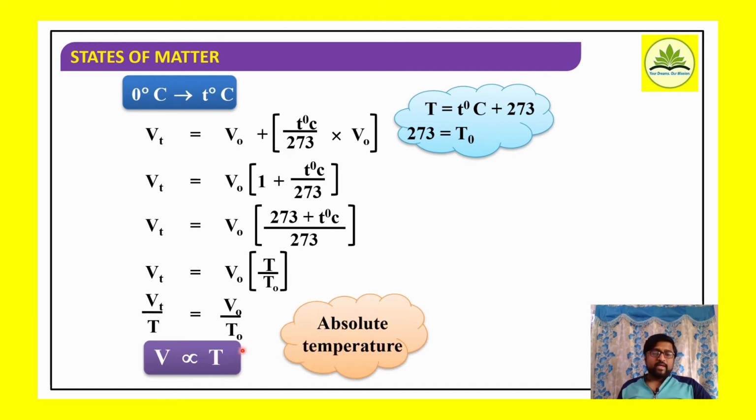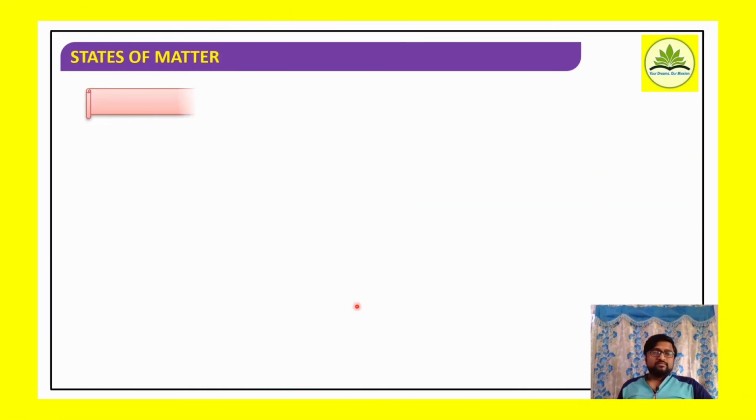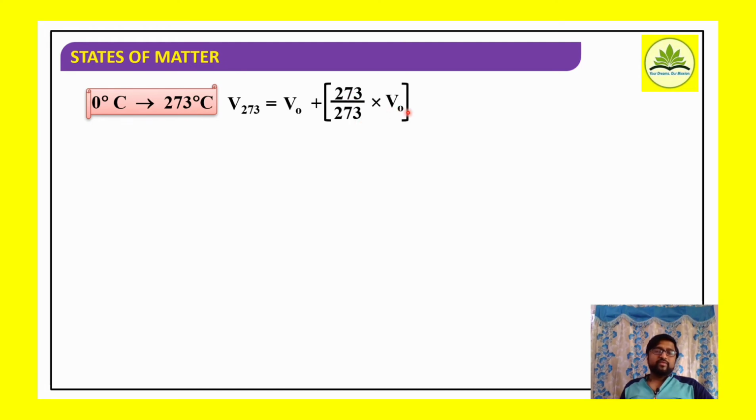Now consider from 0 to 273 degrees Celsius. V273 will be equal to V naught plus 273 by 273 into V naught.